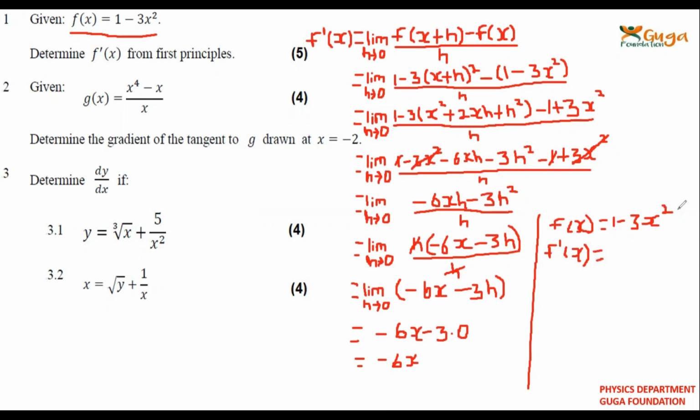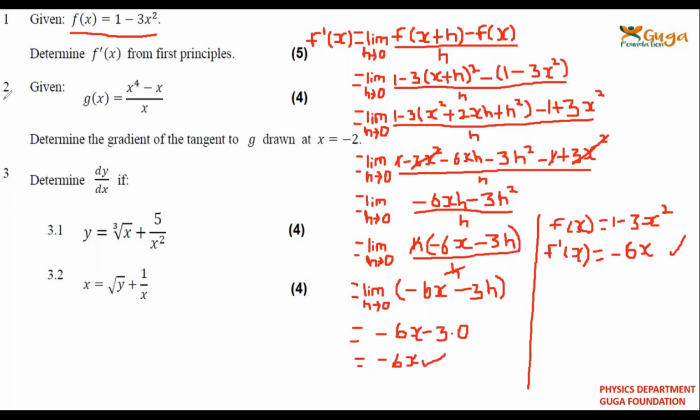So here you've got power down, it will be minus 3 multiplied by 2, it will be minus 6. Then the power up, it will be 2 minus 1, which is x to the power 1, which is x. Then this is just a proof. I was just showing you that this and this are equal.